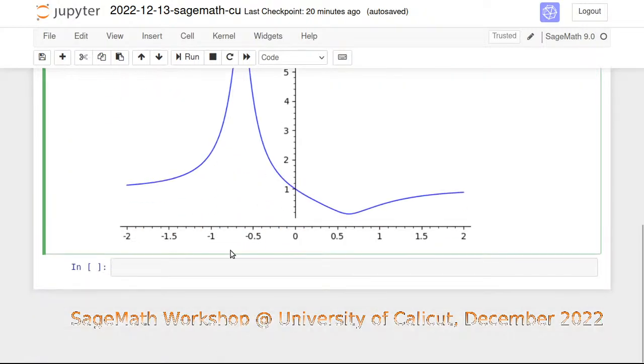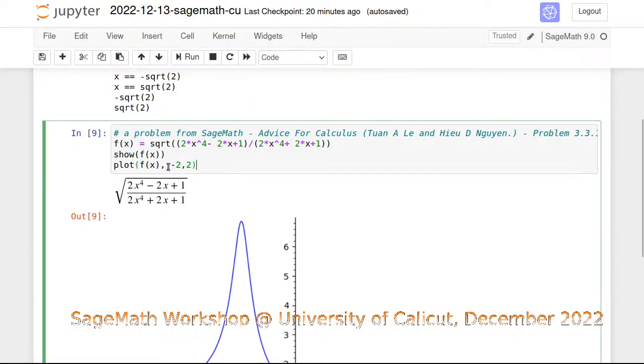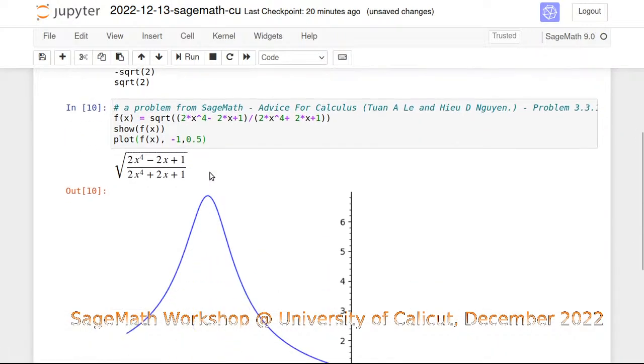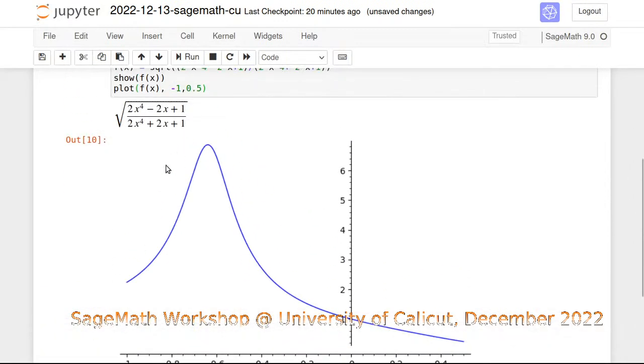Maybe we can try to zoom in on -1 to 0.5. Zooming it, yeah, the turning of that curve doesn't look that sharp now.